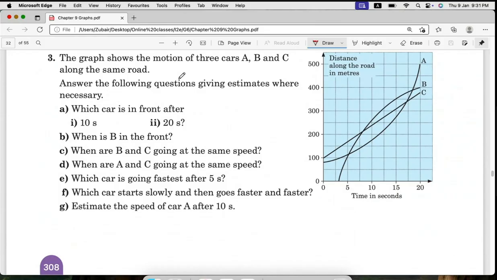So after 10 seconds, car B, correct. And after 20 seconds is car A. Correct. B is in front.